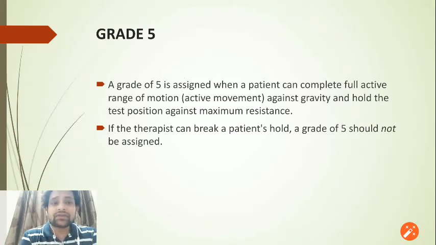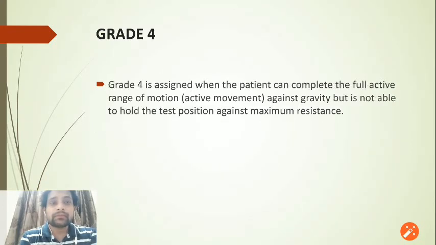And if the therapist can break a patient's hold, a grade of 5 should not be assigned. That means the patient can complete the full range of motion against gravity with the maximum resistance applied by the therapist.